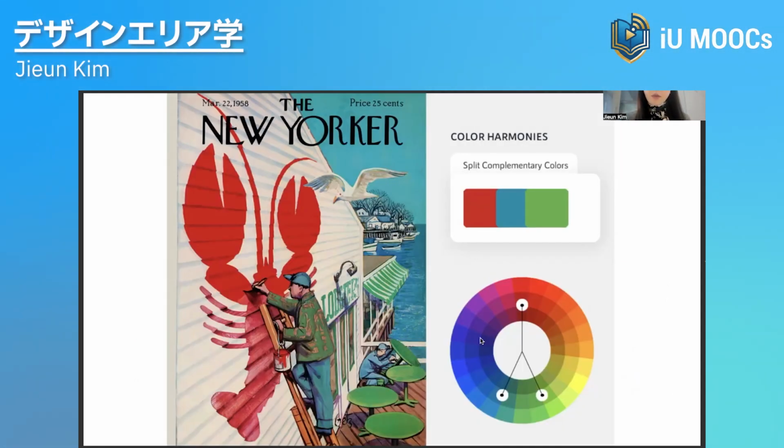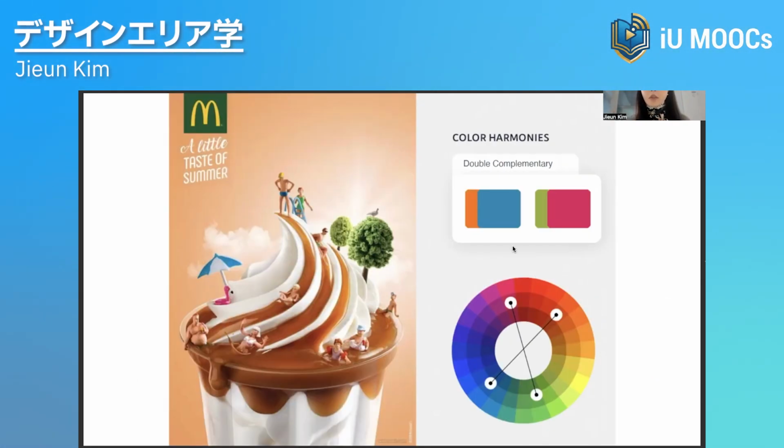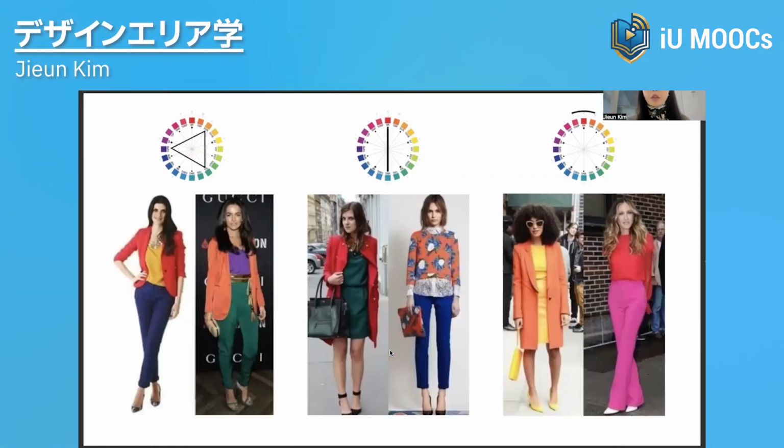So these are examples of using the split complementary color. Then you can use the color more fruitfully. And this one is the Aladdin poster, yellow and purple. And a mint color could be a very good match. And these are also double complementary color. And you can also apply it to fashion, when you are wearing clothes, you can also think about those kinds of complementary color.